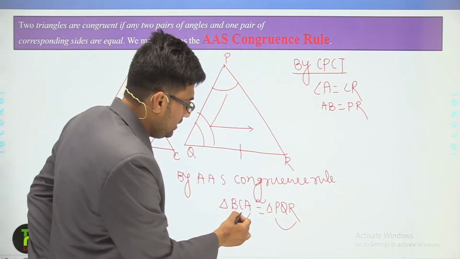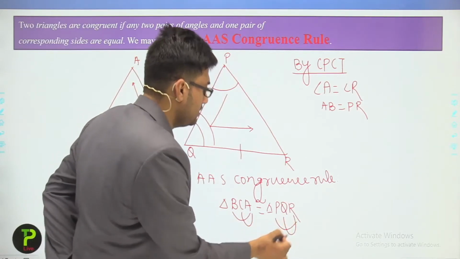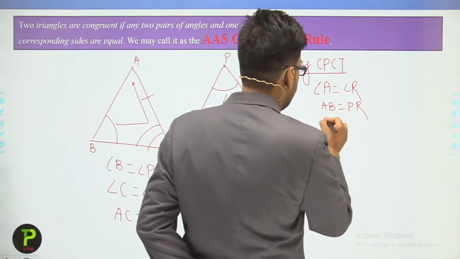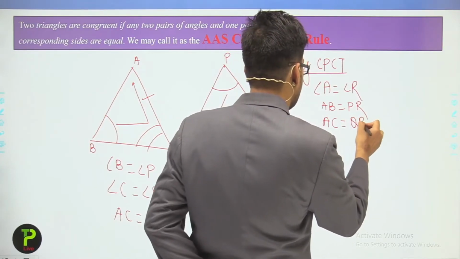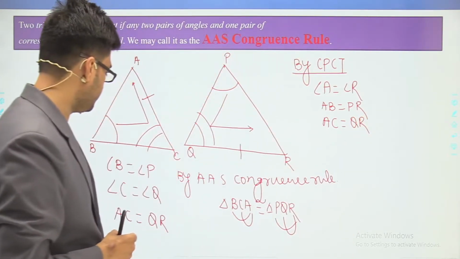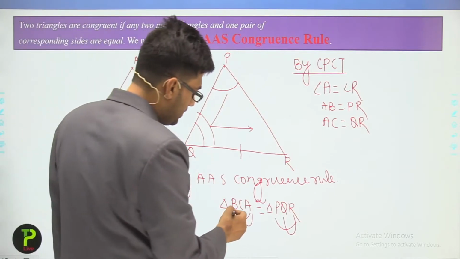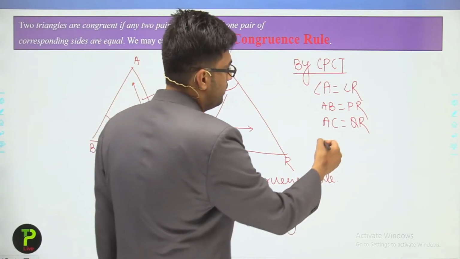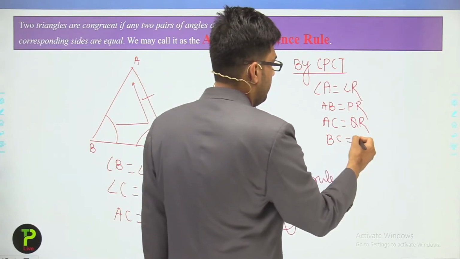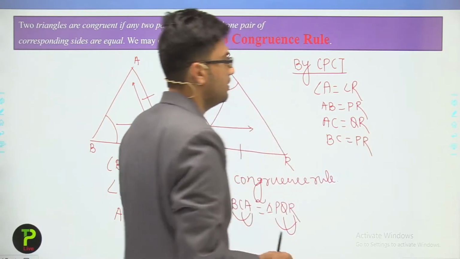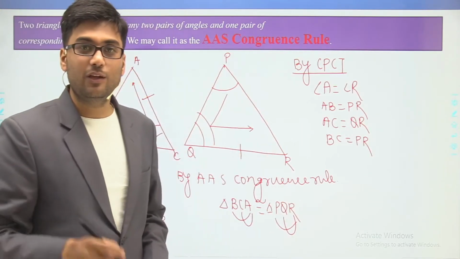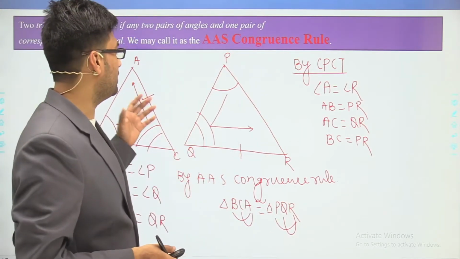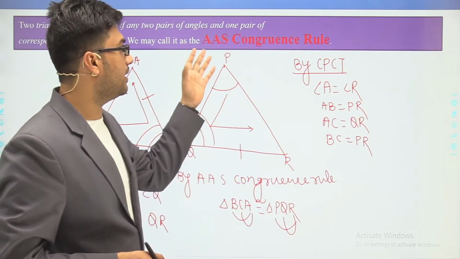And CA is equal to QR, or we can say that AC is equal to QR. These are equal here. And students, BC is equal to PQ. So these are the corresponding parts equal for the congruent triangles. Clear? So students, I hope you understand this criteria, angle angle side.